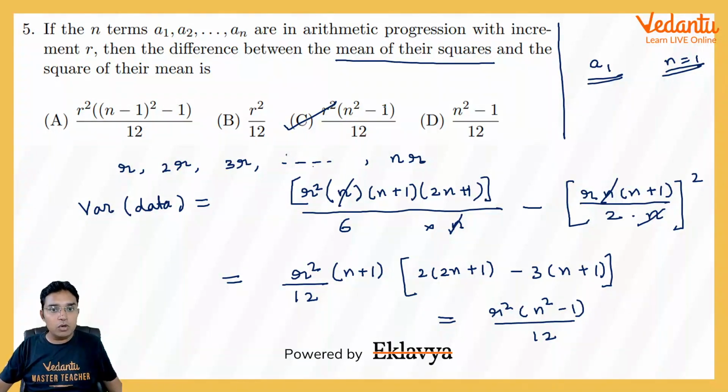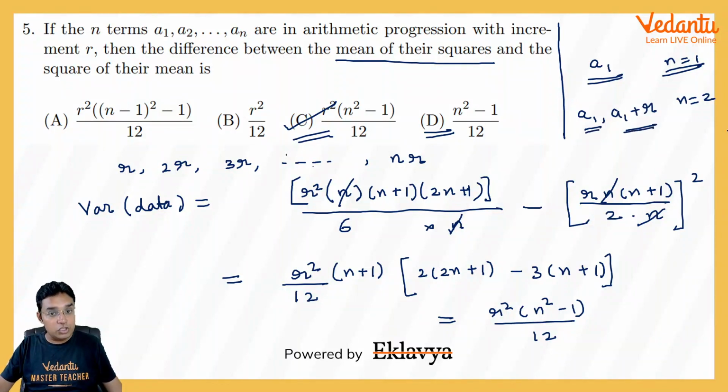For n equal to 1, if it is 0, the answer will be either C or D. If it is D, then it is independent of R. Now maybe you can take n equal to 2 and take A1 and A1 plus R, and then do the calculation. You can check that it is dependent upon R, so the answer will be C, not D.